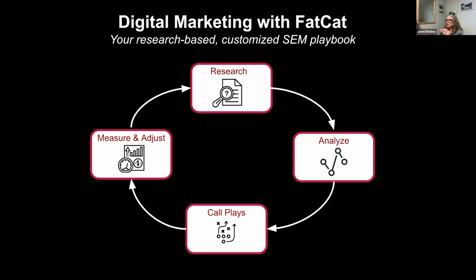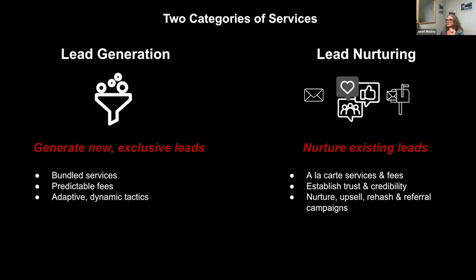The way that we work is we customize all of our services. We start with research and analysis. Once we know more about your business and what your goals are, it's only then that we start to call plays and tactics. Every month, we're reviewing those plays and tactics and adjusting as needed. Our services tend to fall into two categories. There's a category of services that's generating the lead, and then a category of services that is to nurture the leads.